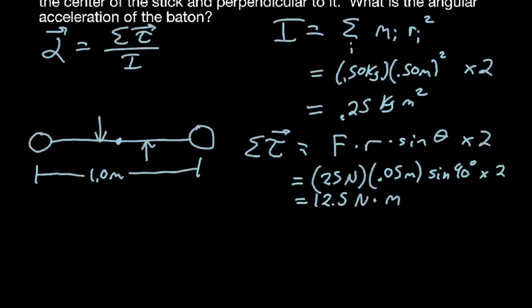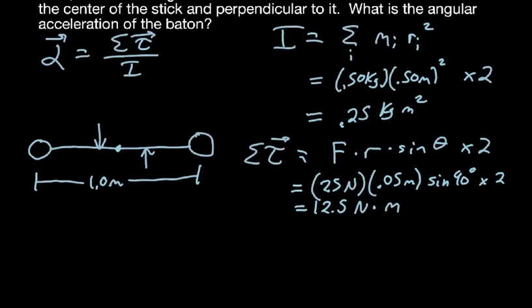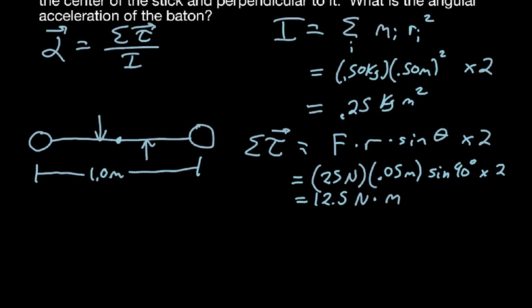And by convention, torques that cause a clockwise rotation we're going to write as negative torques. Counterclockwise goes with positive. This one makes this thing rotate counterclockwise, so we'll have positive torques here. So then our angular acceleration.